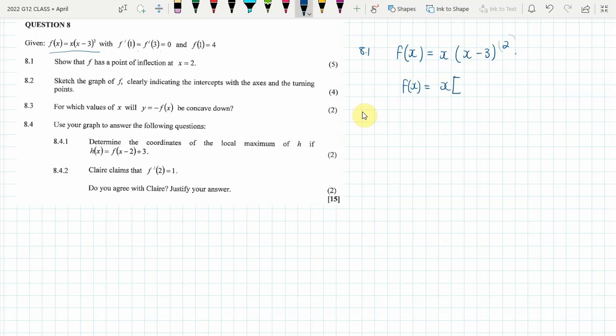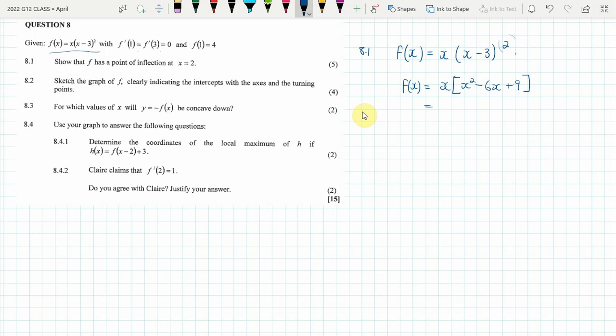Inside the brackets we have x squared minus 6x plus 9, very good.